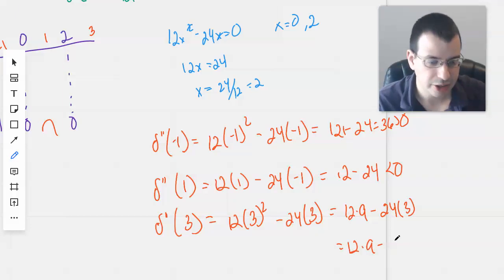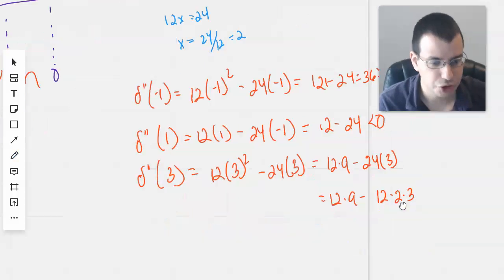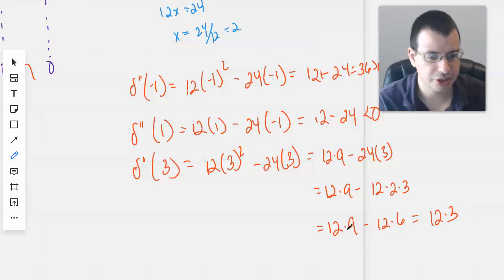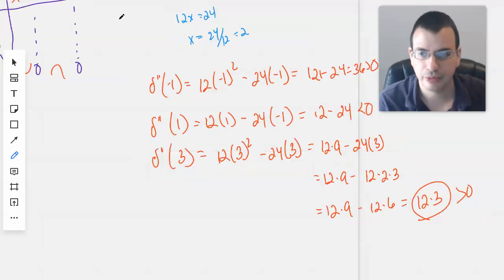I just broke up 24 into 12 times 2, so 12 times 9 minus 12 times 6, which equals 12 times 3, which is greater than 0. So concave up.